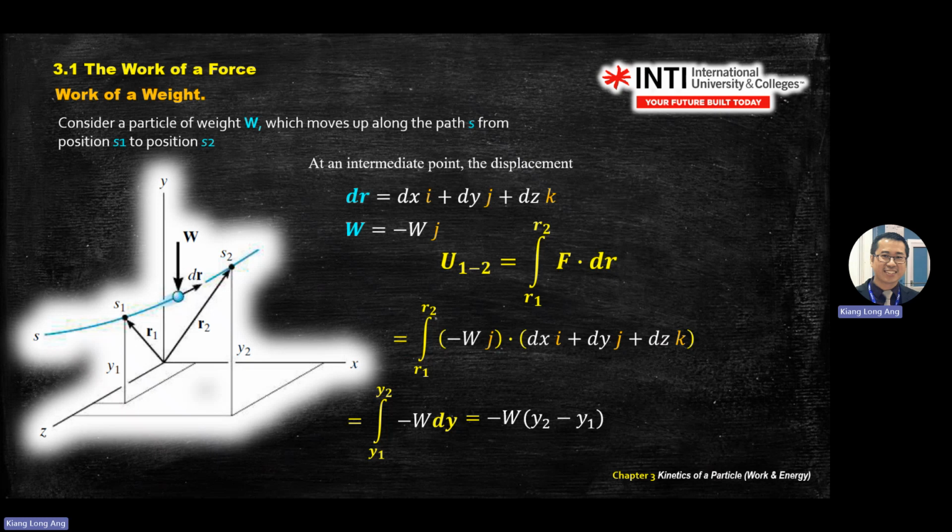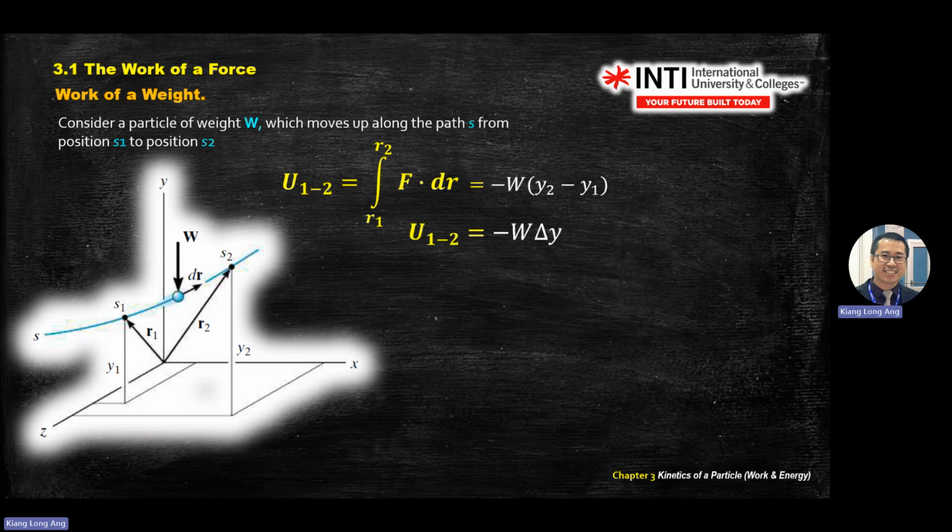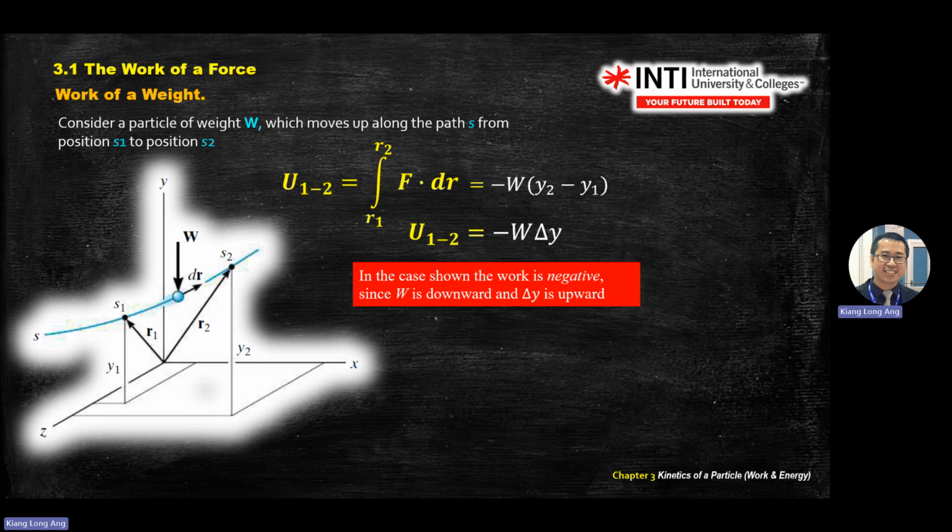W is pointing down, so the only one that deals with the work is the one in the same direction as the force. So in this one, we only have y and W. Again, I won't ask you to derive the equation. What is important is still going back to the concept.